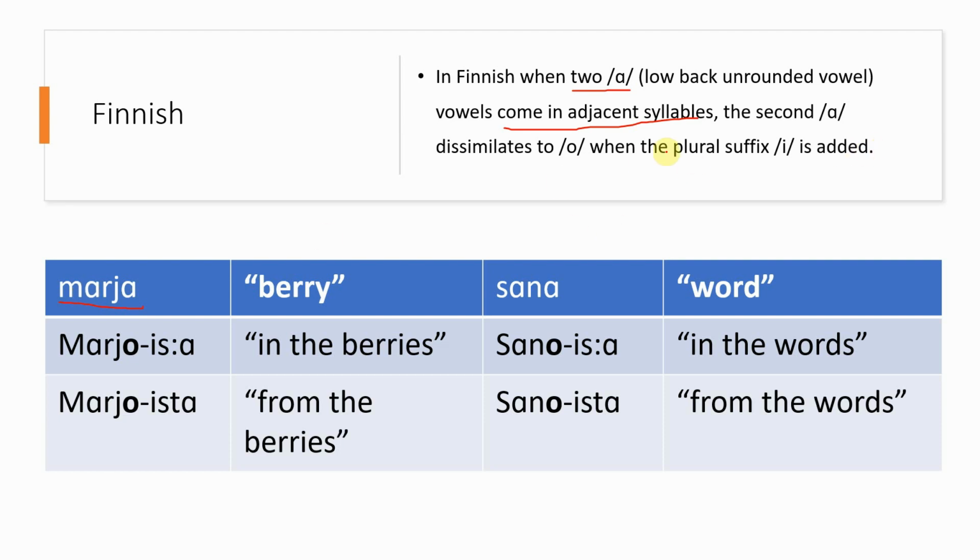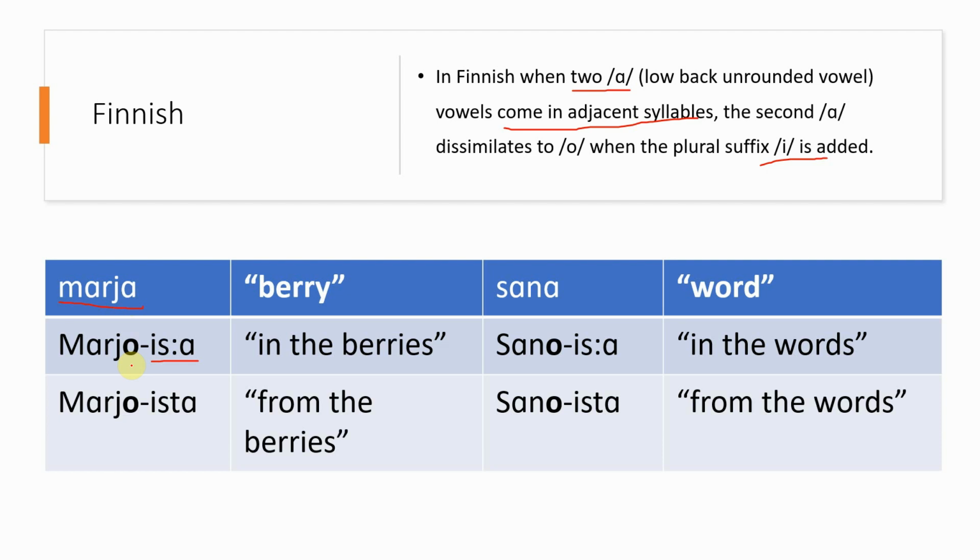But if a plural suffix which starts with i, like "-issa", is added to this word, the second low back unrounded vowel a will change to o. So this is also an example of dissimilation.